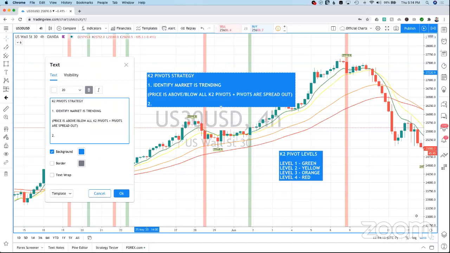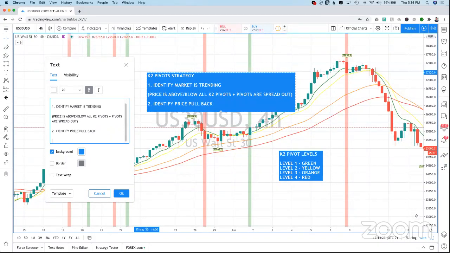Next, you want to identify price pullback. So this is going to be a little detailed. It doesn't need to be this detailed, but I'm just going to break it down for you so you can understand it better.